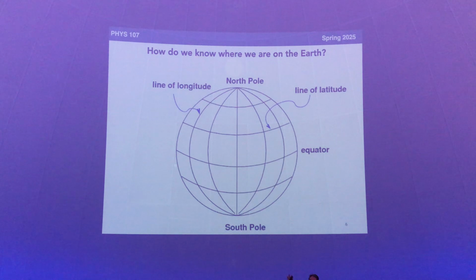So we just projected our own Earth coordinates onto the sky. And there's a reason for that, because the North Pole neatly stays in the same spot as the Earth rotates under it. So we have the North Pole, the South Pole, the equator here. There's a celestial equator, and then we have lines of longitude. Those are these ones, and the lines of latitude are the horizontal ones.